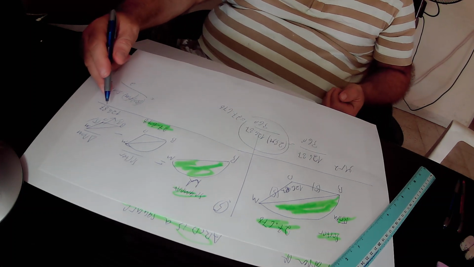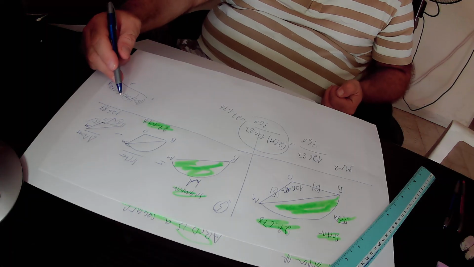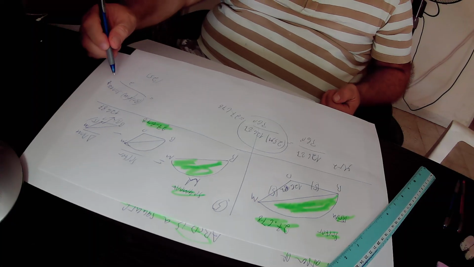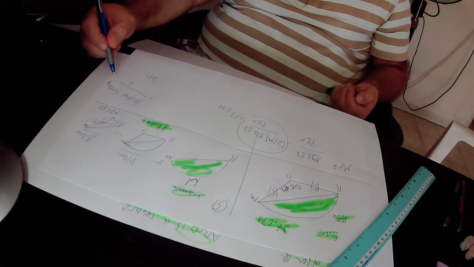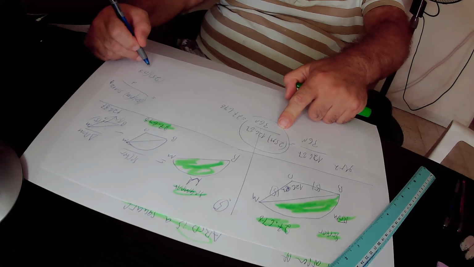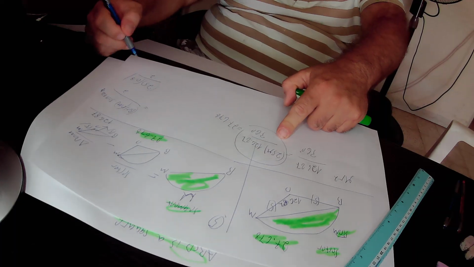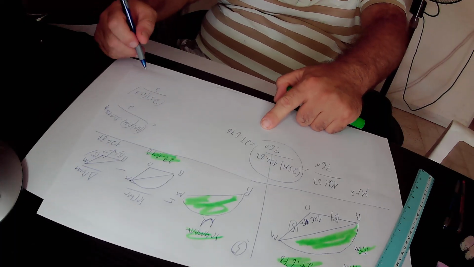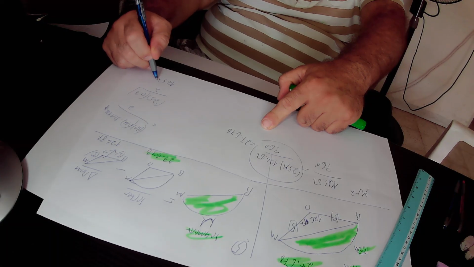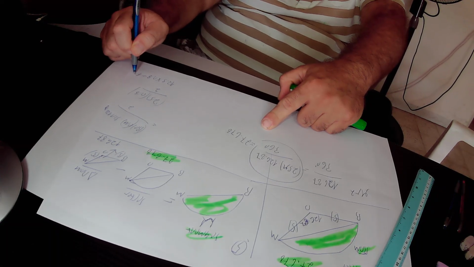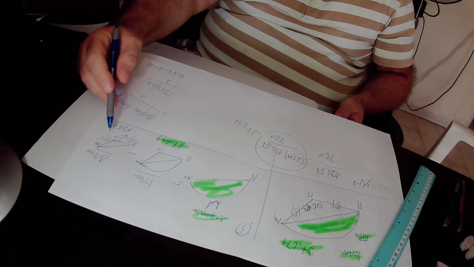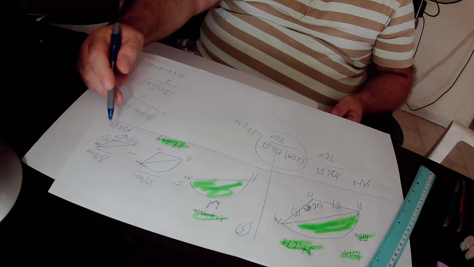BO is 5, OM is also 5, so BO times OM is 25, times sine of 126.87 degrees, which is 0.8, divided by 2. 25 over 2 is 12.5, and 12.5 times 0.8 is 10. So in total we found out that the area of this triangle BOM equals 10 square inches in size.